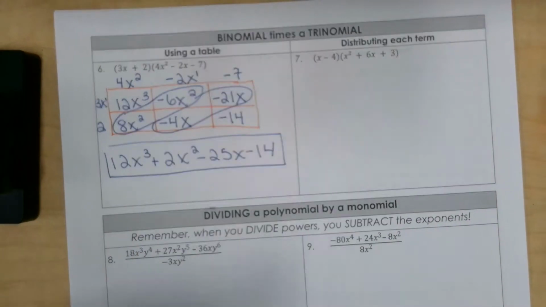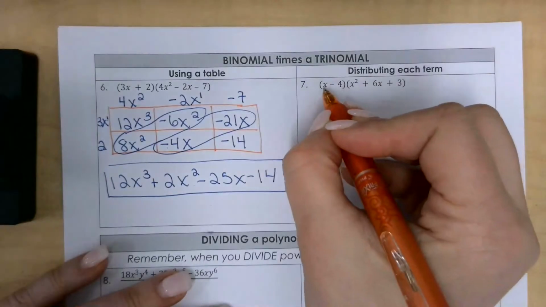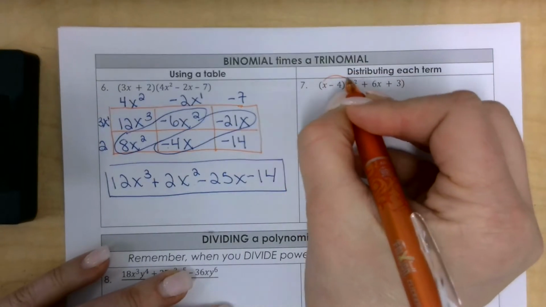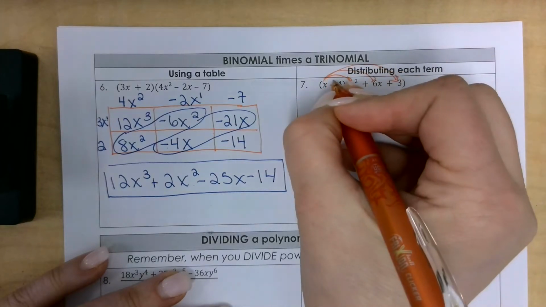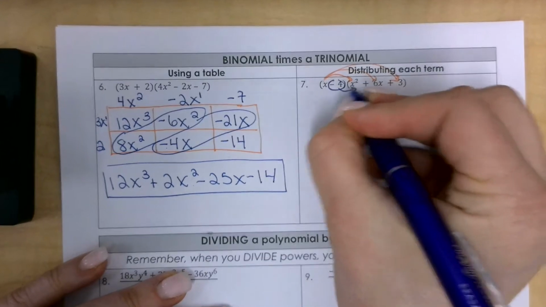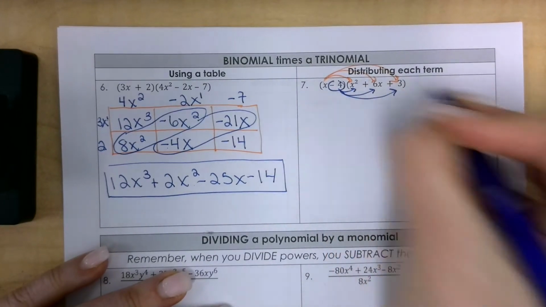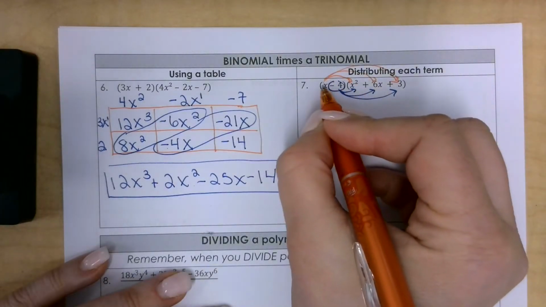Alrighty, let's take distributing each term. So what that means is that I've got to distribute this x to each term. And then I have to distribute my negative 4 to each term and rewrite. So I'm going to go with the x first. This is x, so my coefficients are 1 times 1, so 1.